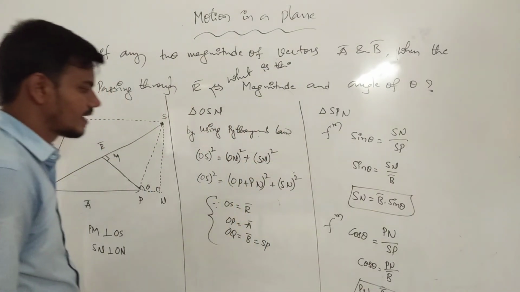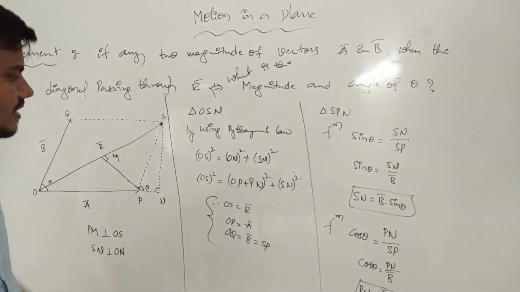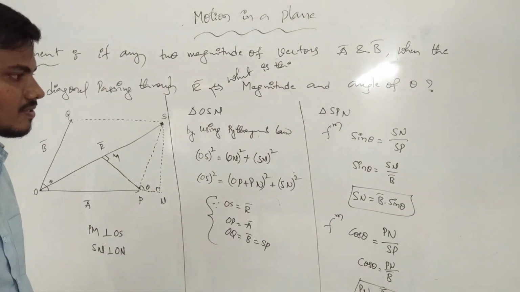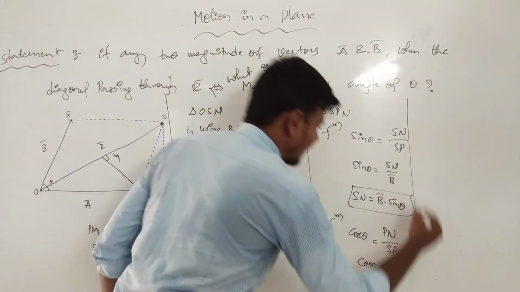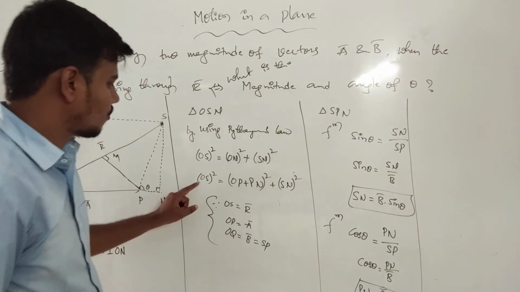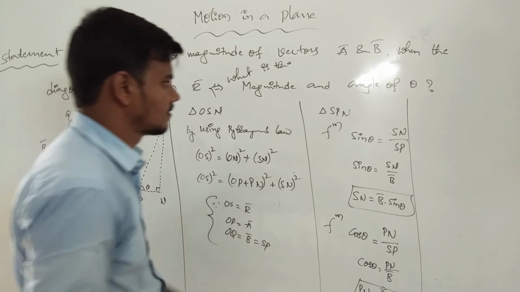Now we apply this in the final equation of this position. OS square is equal to, I can write it here, PN. Now OS is equal to how much? R bar.